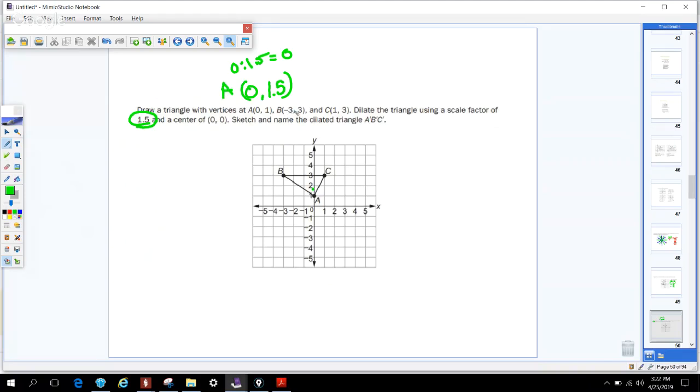Here we have negative 3 and 3. When we multiply both of those by 1.5, we get negative 4.5 and positive 4.5. Here we multiply this by 1.5, we get 1.5. We multiply 3 by 1.5, we get 4.5. And then again, that gives us our triangle. Okay? And that's all dilations are.